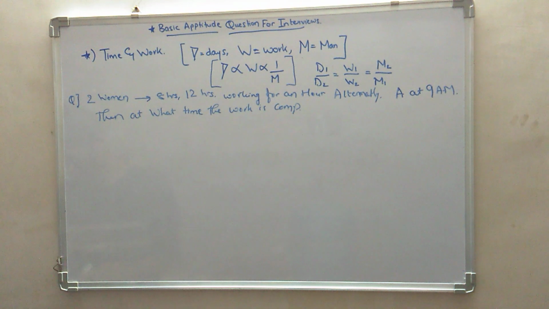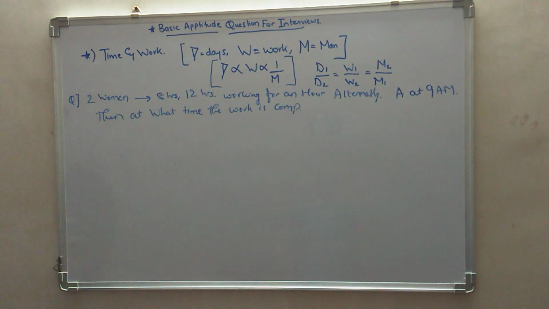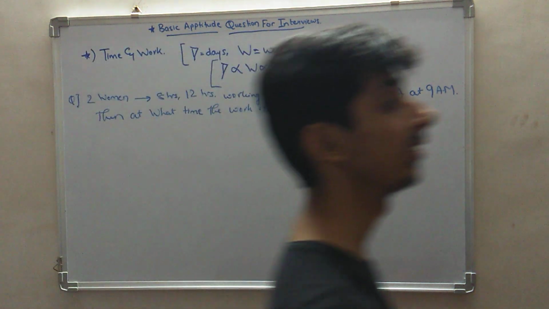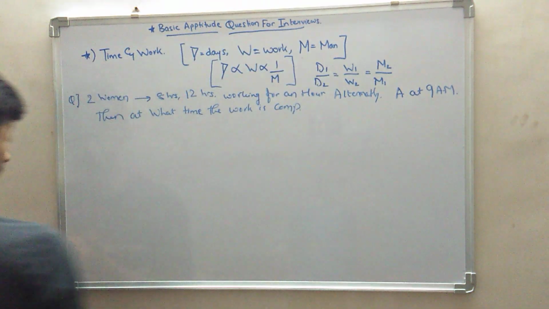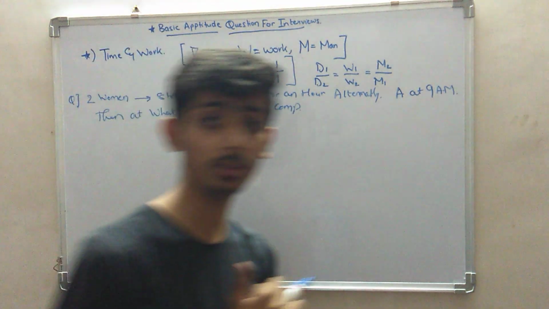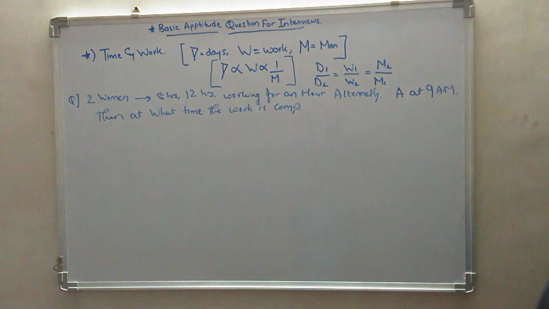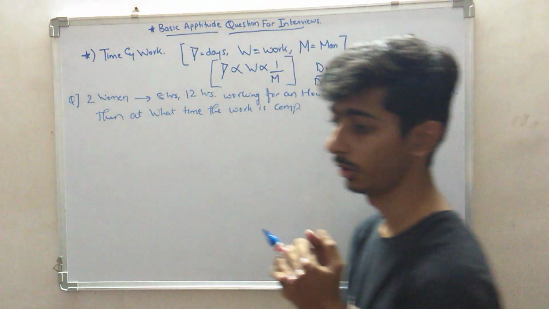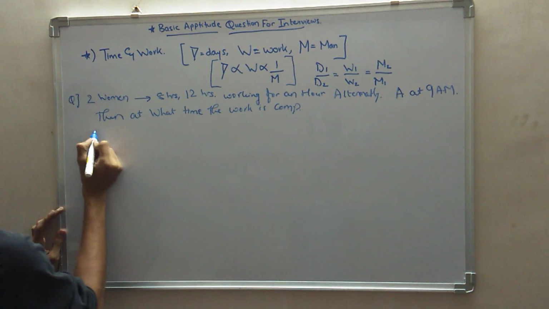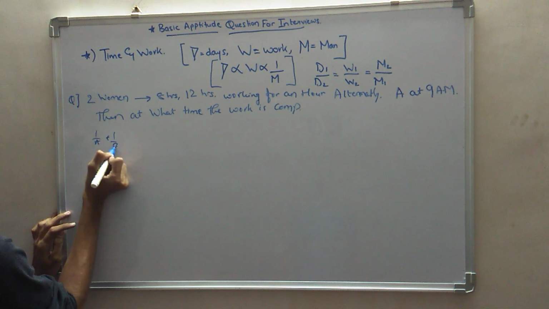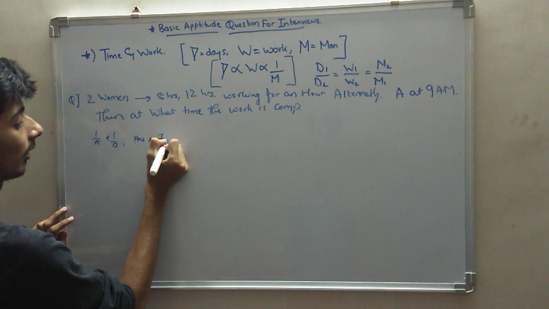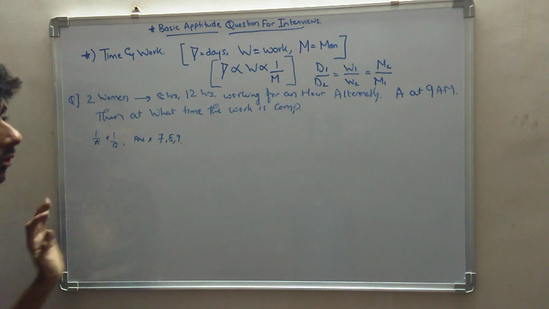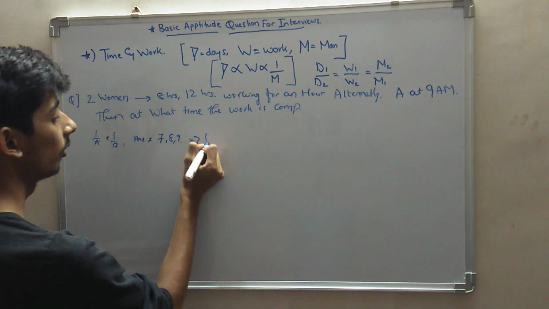So basically, if you see this question once, you would just recognize it as a question of two people working together, so you do 1 upon a plus 1 upon b, then when you get the answer you multiply it by some number 7, 8, 9 to get the value equal to 1.